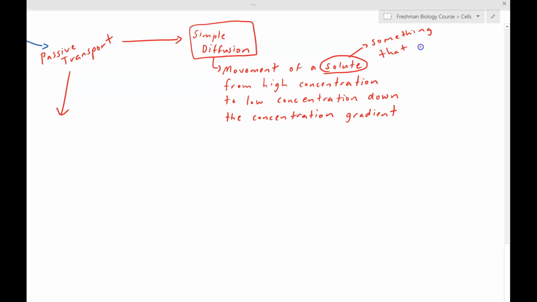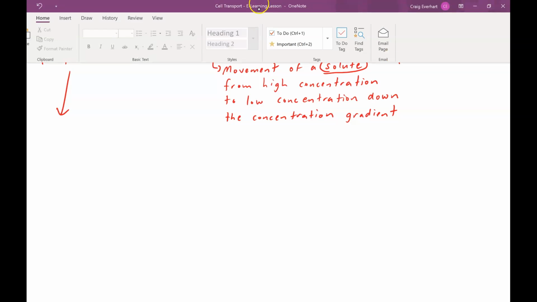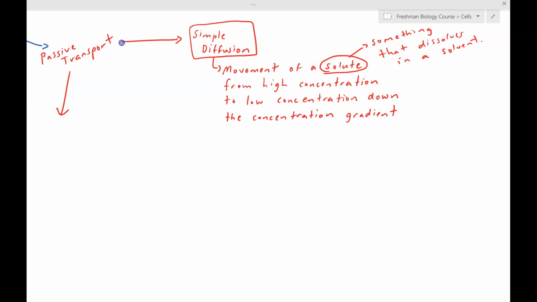Something that dissolves in a solvent like water, okay, from high concentration to low concentration, down that concentration gradient that we just discussed. Okay, so what does that look like? We're looking at something like this. Again, we have a high concentration. We'll say that this is sugar. It's naturally going to move to the area of low concentration.